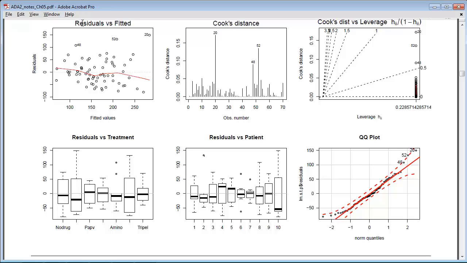In the top left, we've got residuals versus fitted values. We see that this is not bad. We have 3 observations up here that have people who just had a bad time on one of the treatments. Observation 20 is patient 2 under the placebo.